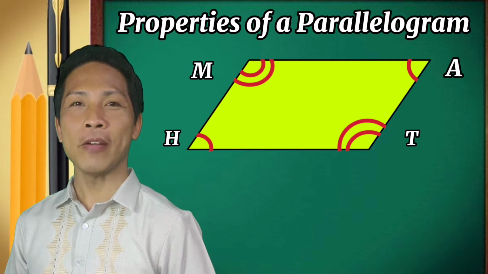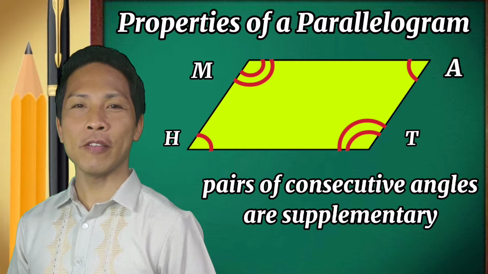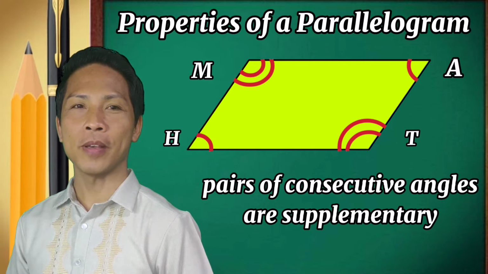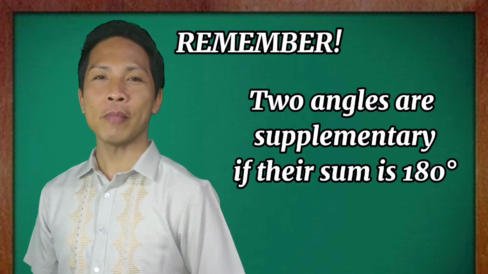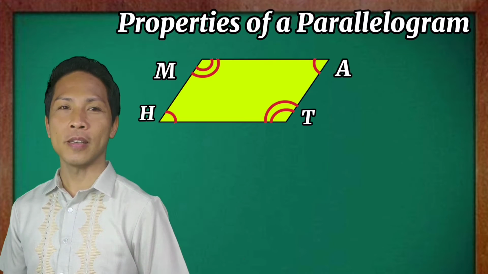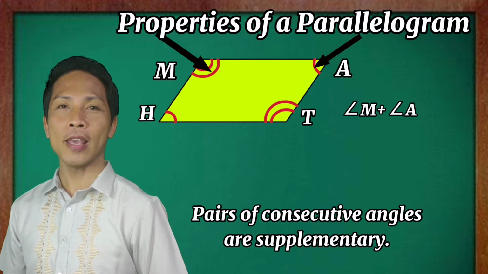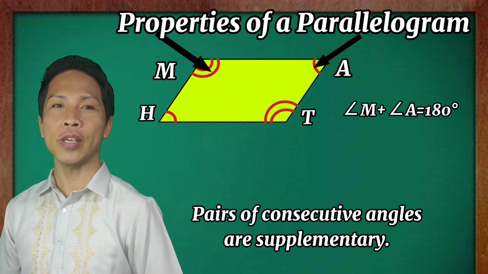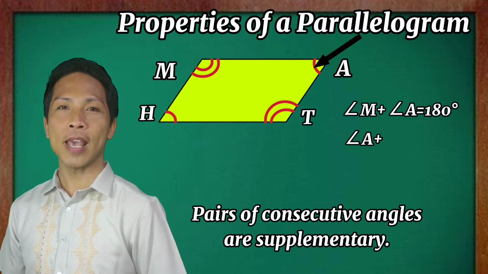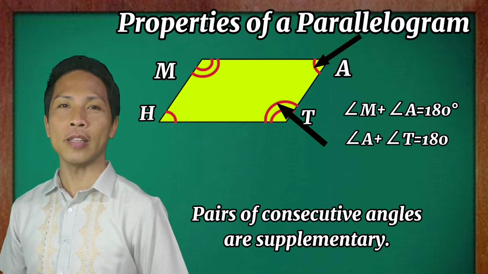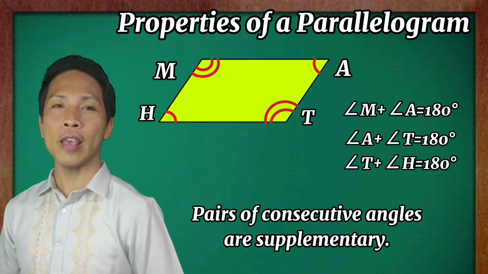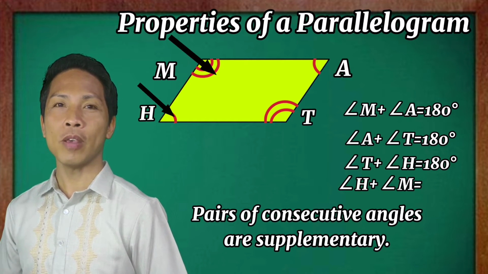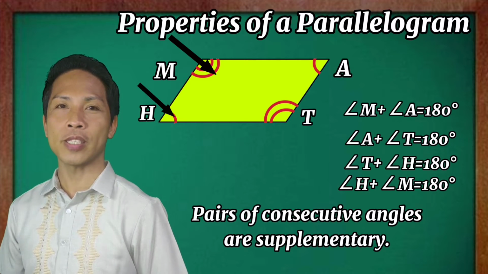Exactly! In a parallelogram, pairs of consecutive angles are supplementary. Remember, two angles are supplementary if their sum is 180 degrees. Angle M plus angle A equals 180 degrees. Angle A plus angle T equals 180 degrees. Angle T plus angle H equals 180 degrees. And angle H plus angle M equals 180 degrees.